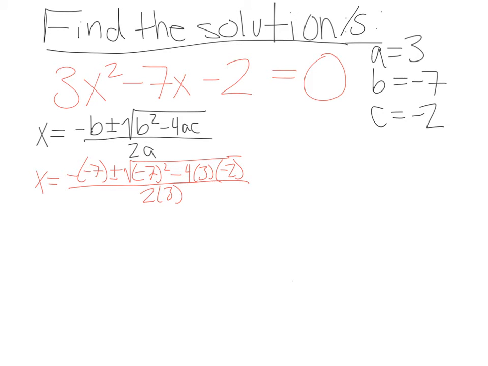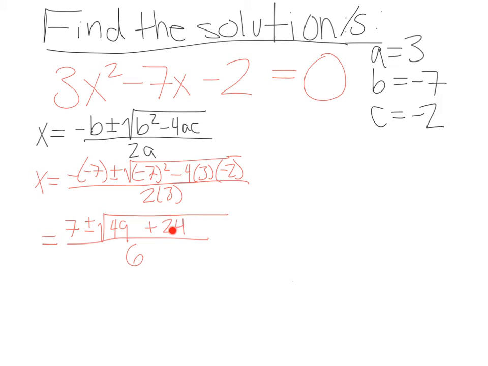And then from here, I am just simplifying. So this is equal to positive 7 plus or minus the square root. -7 squared gives us 49. And we multiply what's here: -4 times 3 times -2 is going to give us a positive 24, all over 2 times 3, which is 6.